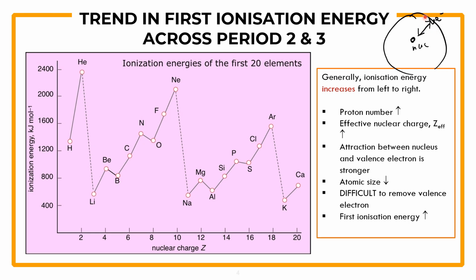So if the reaction insists to remove this electron juga, maka more energy must be required, untuk nak overcome these attraction forces. So energy required tadi tu merujuk kepada first ionization energy. So untuk case across the period, generally ionization energy will increase.